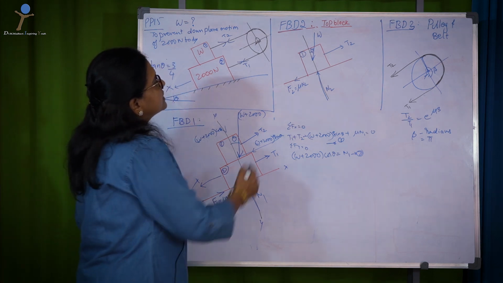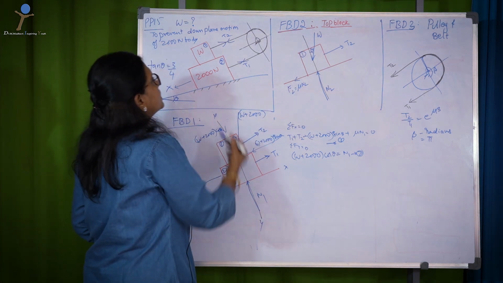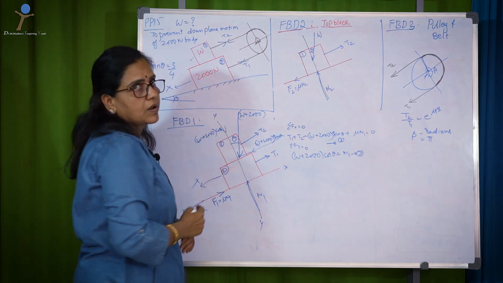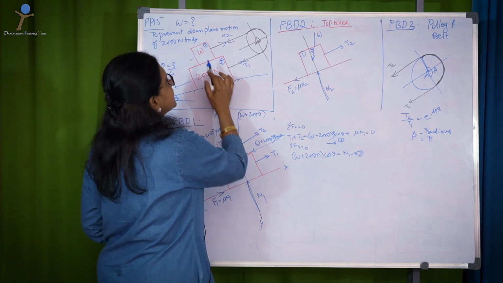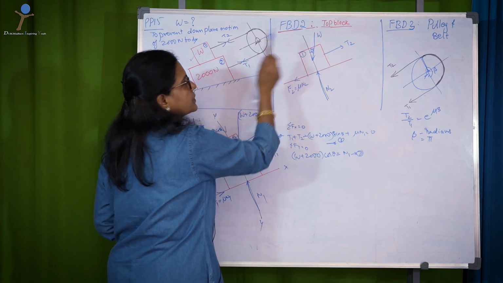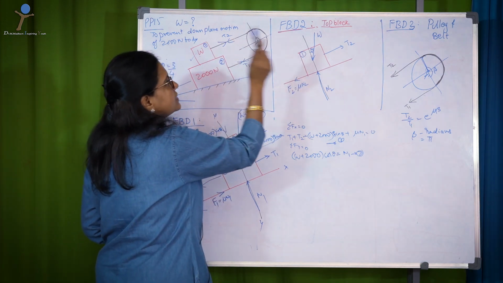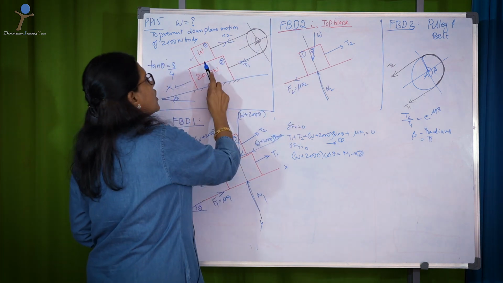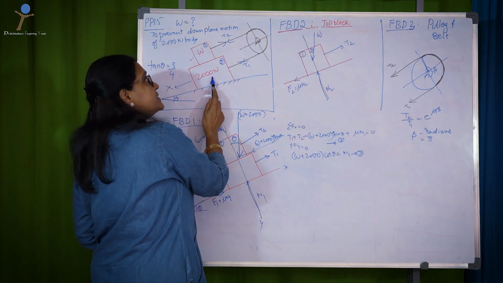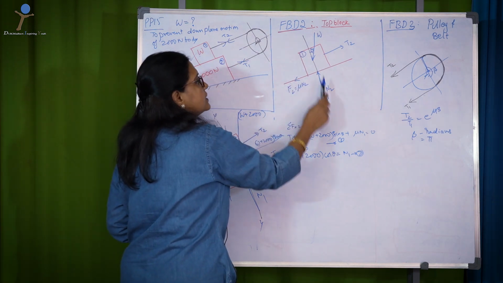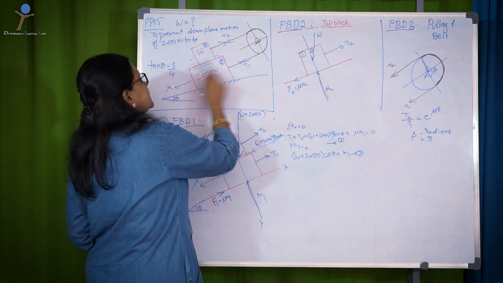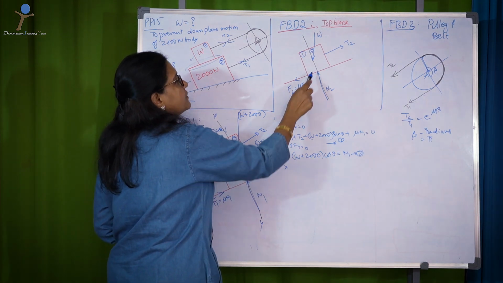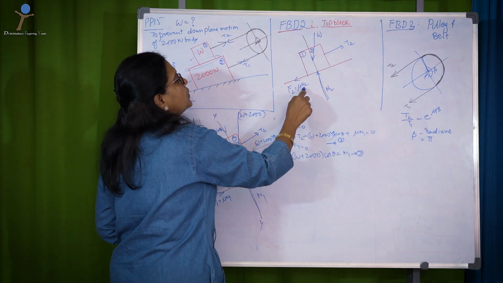Now coming to the second free body diagram, where you consider only the top block. The forces acting on this block are the weight of the block, the tension of the rope, the normal reaction exerted by the 2000 Newton block onto the W block in the upward direction, and the frictional force, which I call F2, in the downward direction, mu N2.